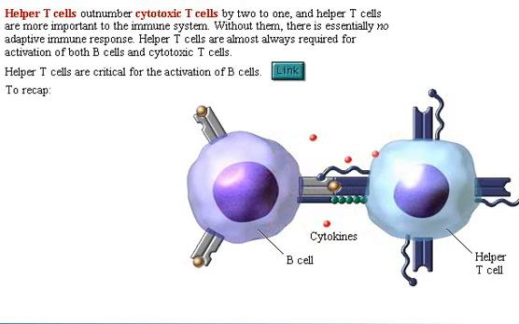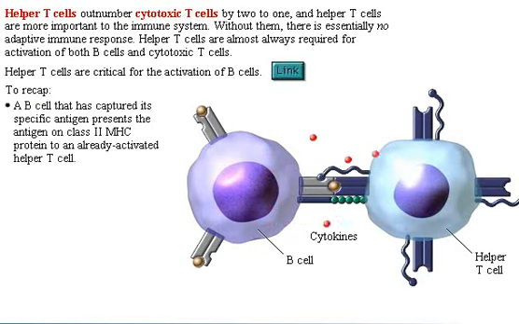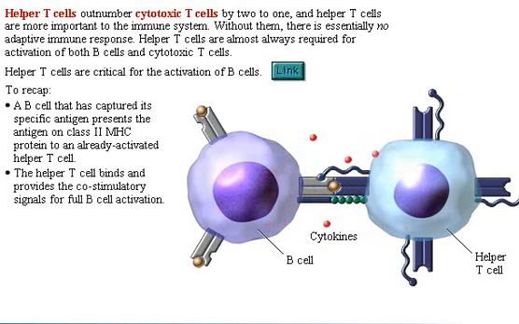As we've seen in Topic 5, helper T cells are critical for the activation of B cells and the humoral immune response to most antigens. To briefly recap, a B cell that has captured its specific antigen presents the antigen on class II MHC protein to an already activated helper T cell, which then provides the co-stimulatory signals necessary for full B cell activation.